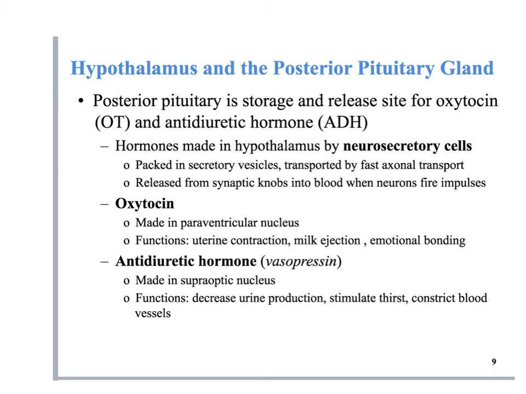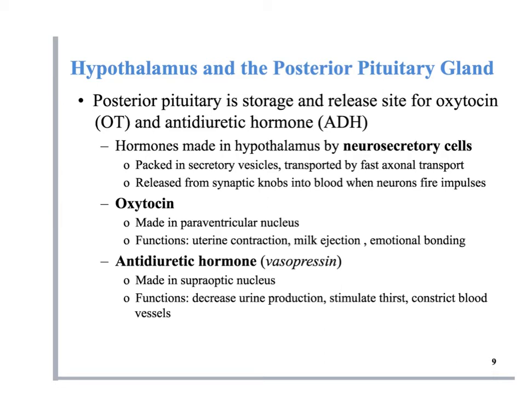Oxytocin, we've already mentioned, has an important function in uterine contraction. It also helps in milk production after pregnancy. And what we all probably most associate with it is emotional bonding. Oxytocin is the quote-unquote love hormone. You get surges of that when you get emotional responses to things. Yay! Oh, puppies. Puppies are good.